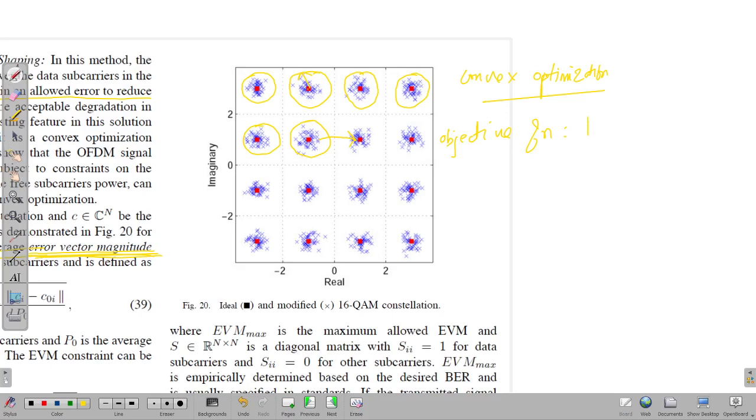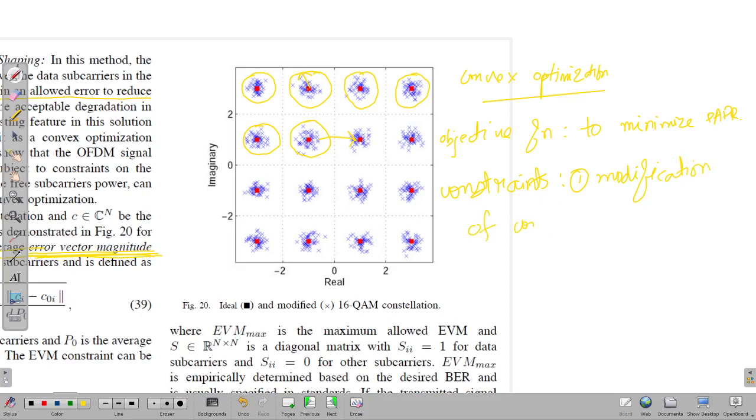The objective function is to minimize PAPR. So that is the objective function, and the constraints, you can give the constraint, you can reduce the PAPR, and the first constraint would be the modification of constellation points.